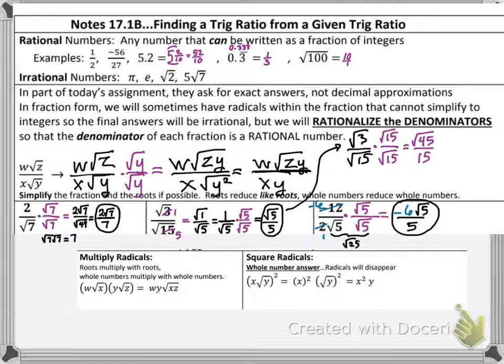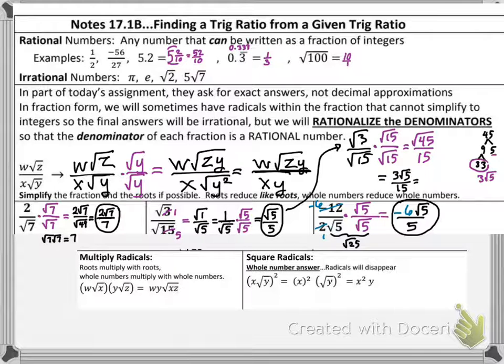But in this case, we have 45, which can split up to 5 times 9, 3 times 3, a pair of 3's, left over 5. So I'm going to turn the top of this fraction into 3 square root 5 over 15.